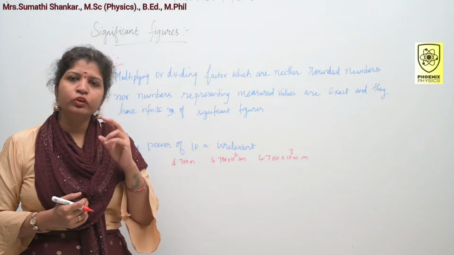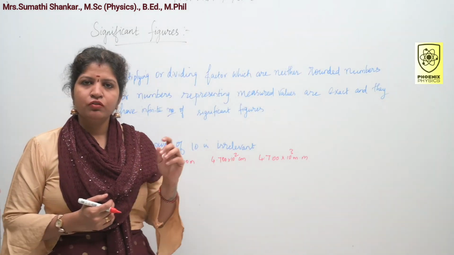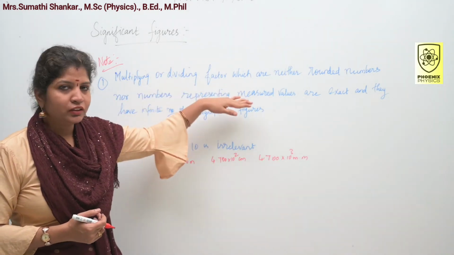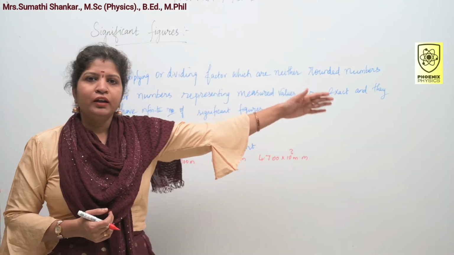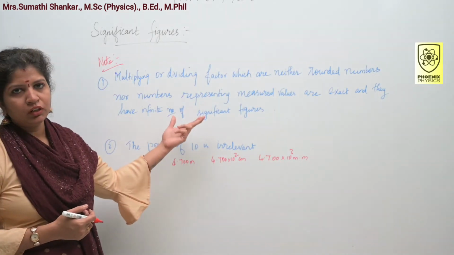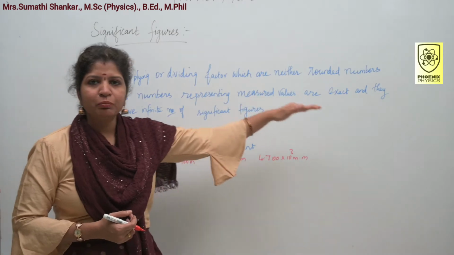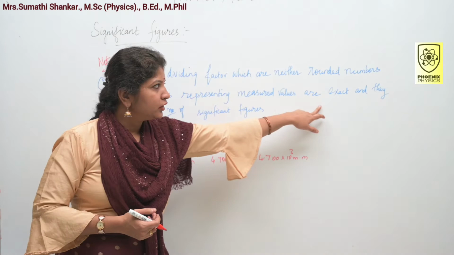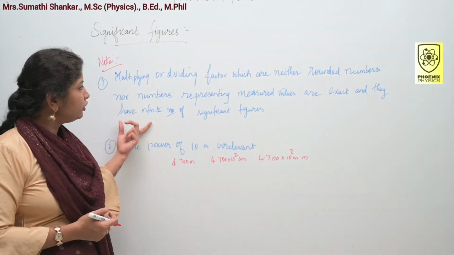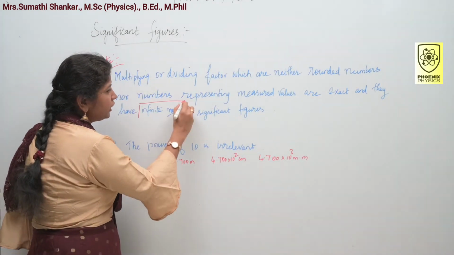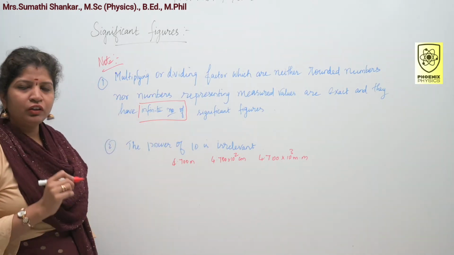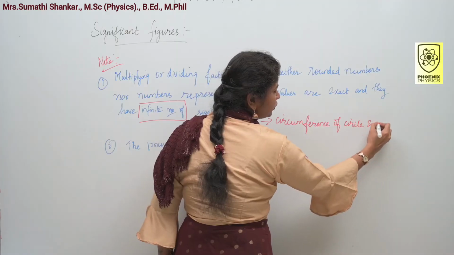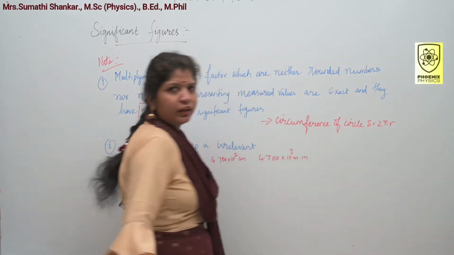Other than the rules, 2 important points are given. First one is multiplying or dividing factors which are neither rounded numbers nor numbers representing a measured value. They are exact and they have infinite number of significant figures. This word is important. What is the meaning? For example, you know that the circumference of the circle is 2 pi r.